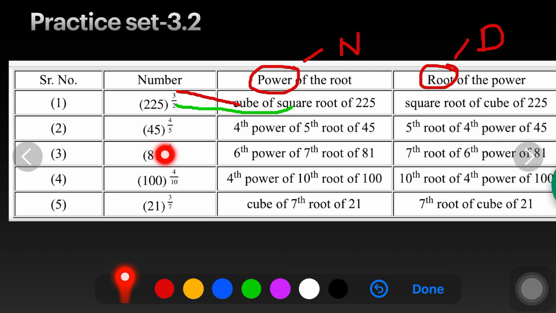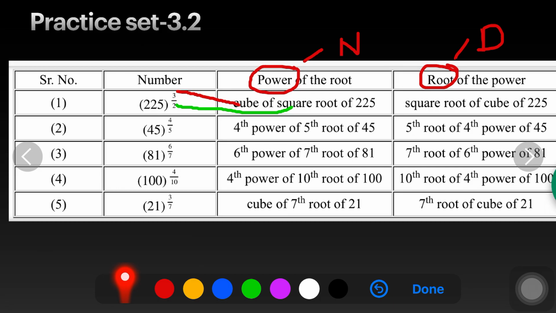See the next sum, students. 81 raised to 6 upon 7. As I told you, in power, what are you going to consider first? The numerator. Which one is the numerator? 6. So sixth power of the seventh root. If you are writing the denominator, along with it you are going to mention the word root itself.